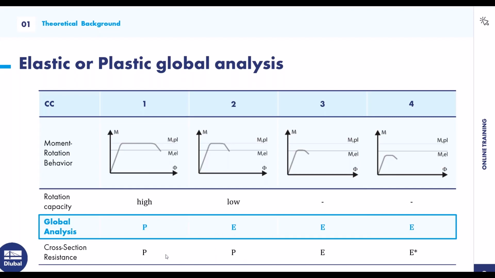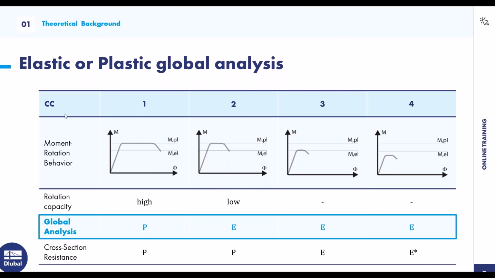What's important is that the first 2 cross-section classes can be designed plastically with the plastic cross-section resistance, and for cross-section classes 3 and 4 the cross-sectional resistance can only be applied elastically.